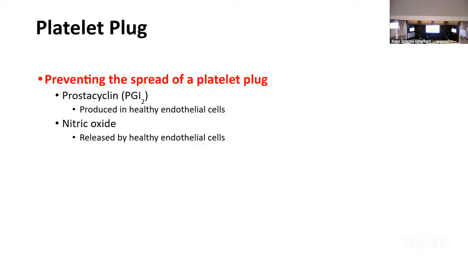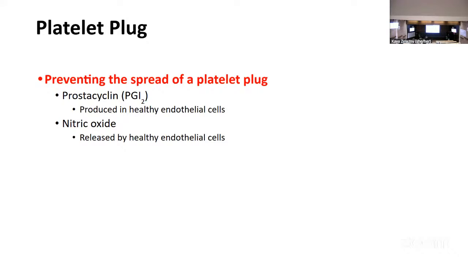So we need to prevent the spread of our platelet plugs now and those clots later on from spreading kind of out to the sides, which if we think about these platelets as being sticky and grouping together more and more, right, if we let that run away forever, they would eventually sort of start creeping up and down, I guess, this blood vessel. But we don't want to do that.